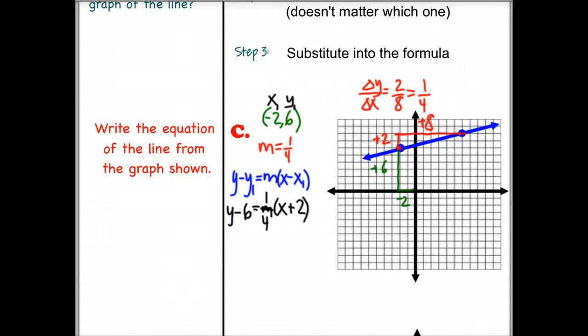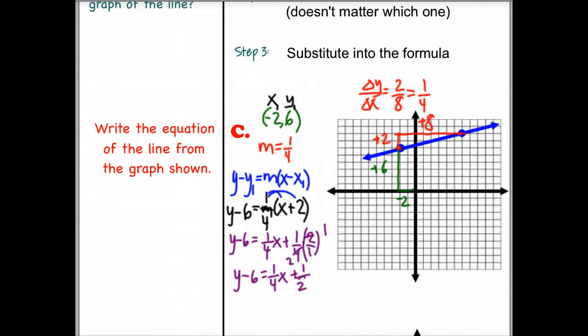And then what we do is we bond through, boom, boom, and we get y minus 6 equals 1/4 x plus, and we know that 1/4 times 2, we can write that as 2/1. 2 goes into 4 2 times, and 2 goes into 2 1 time. So now we have y minus 6 equals 1/4 x plus 1/2.